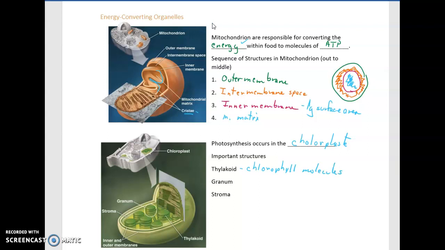The granum, which are stacks of interconnected sacs. And the stroma. The stroma is the thick liquid inside the inner membrane. Thick fluid.